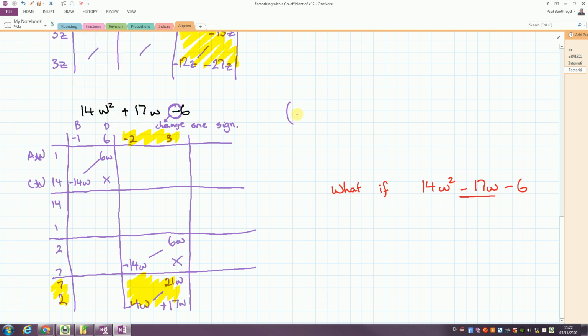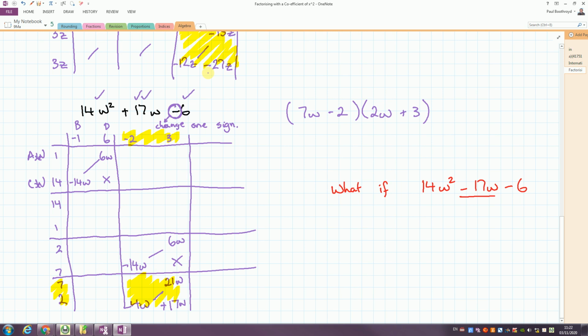So AW in this case is 7W plus B, which is -2, and BX was 2W, and D was 3. Check it: 14W squared, 21W minus 4W. Yeah, 17W, 1 minus 2 times 3.